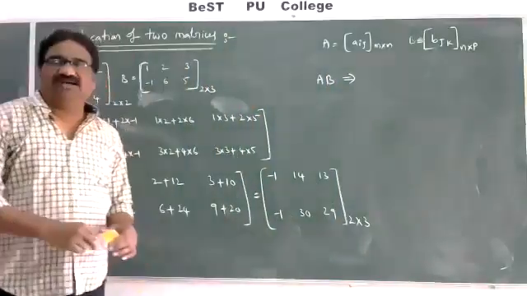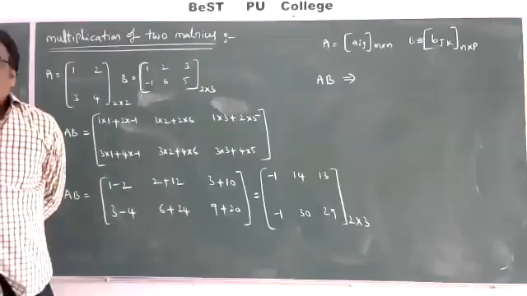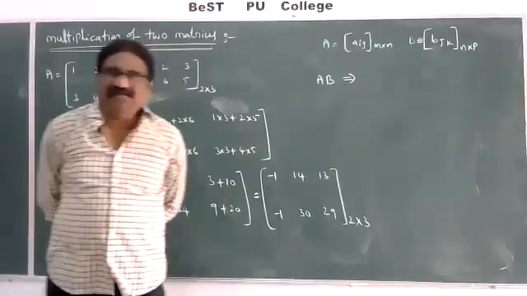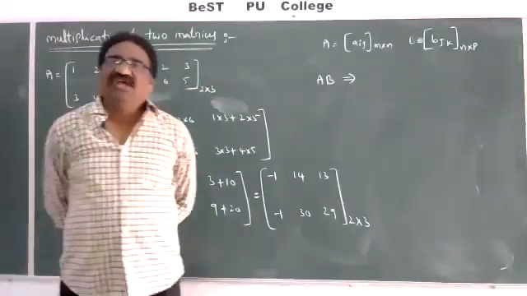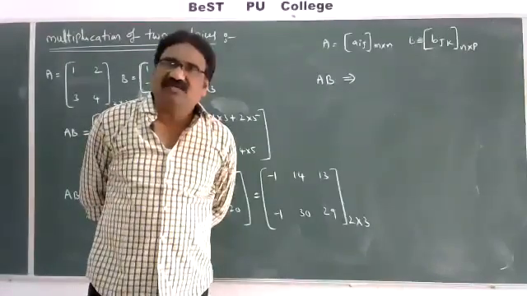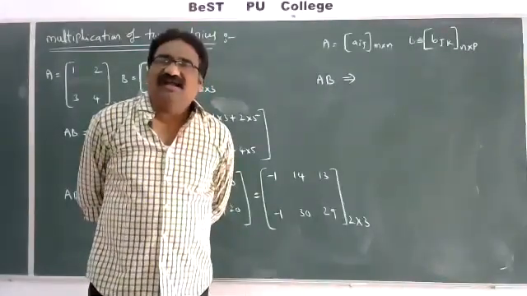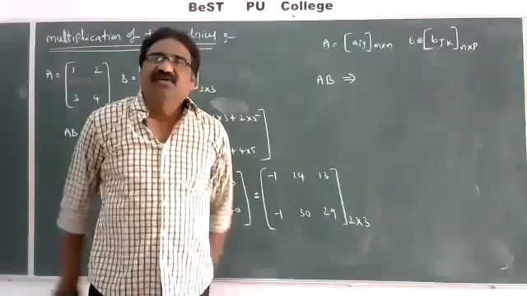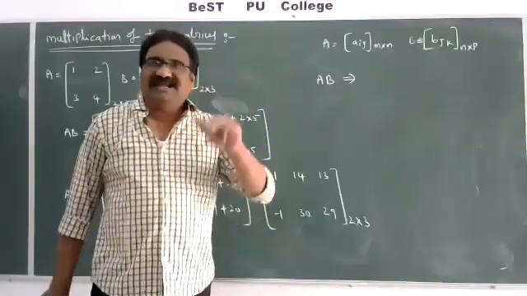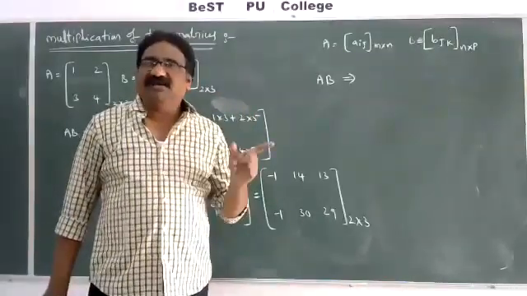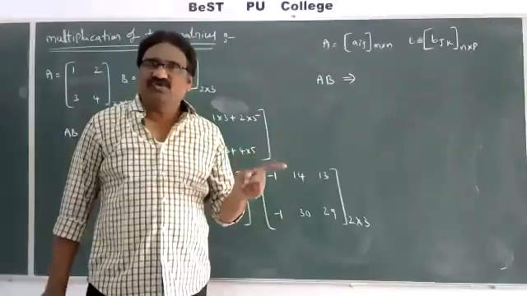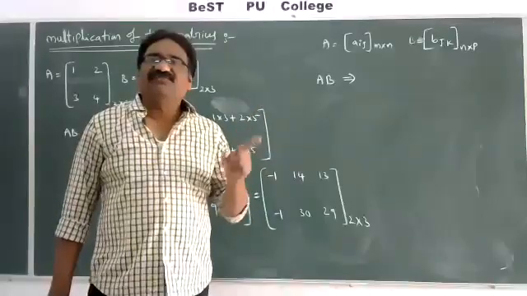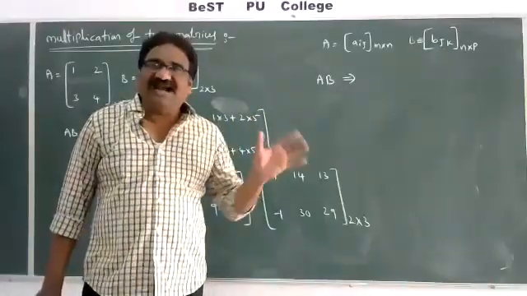The product of the two matrices AB exists if the number of columns of A is equal to the number of rows of B. Then the elements of the first row of A are multiplied with the elements of the first column of the matrix B, and so on.